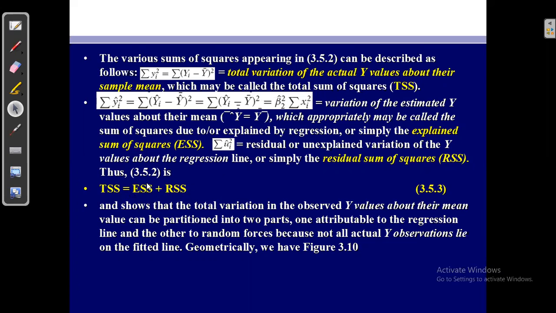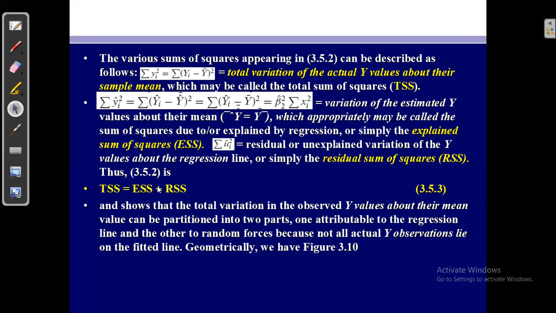In simple layman language, we say that the variations occurring in the values of the dependent variable y can be divided into two parts, in such a way that some portions of the variations in y will be such that the independent variable x will be able to explain. For example, if y is consumption expenditure and x is income, then some variations in the consumption behavior would be due to income.